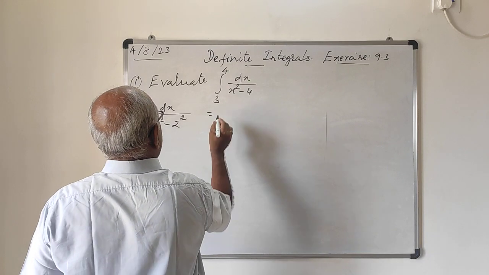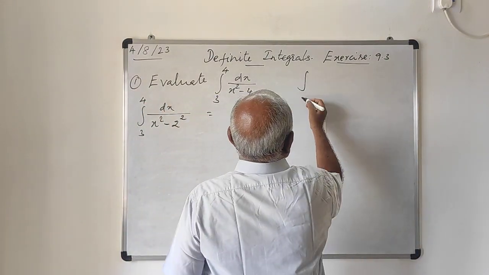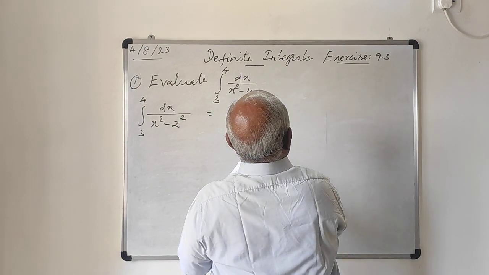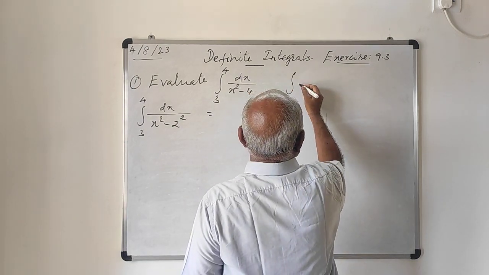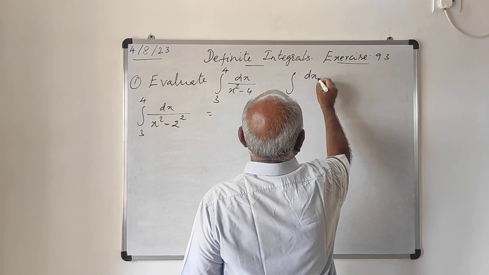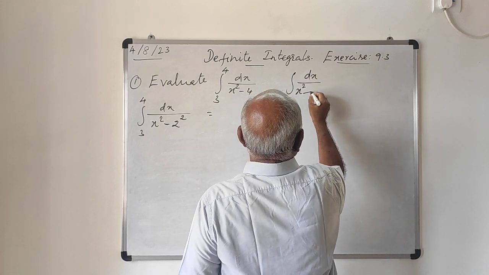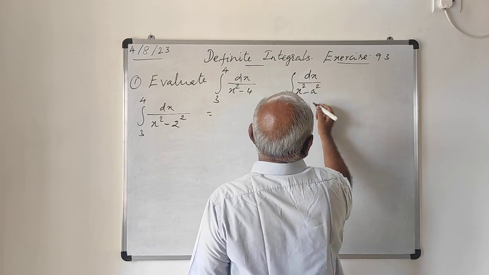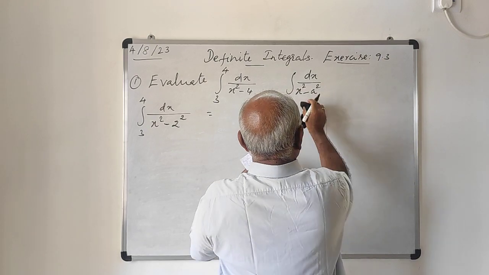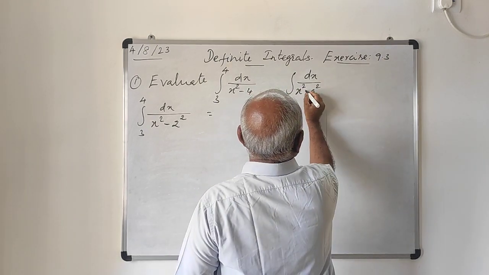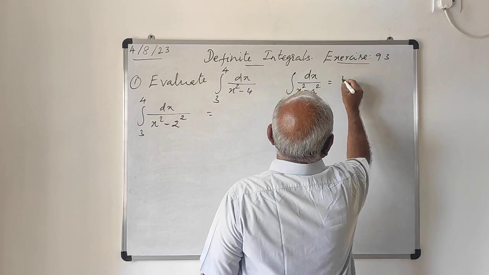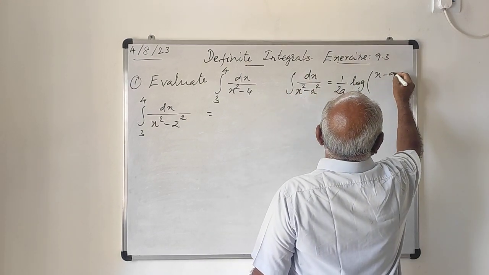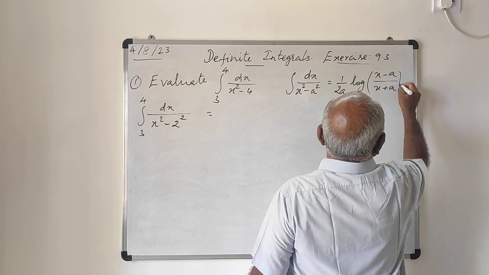We have given one result in our previous video: the integral of dx by x square minus a square equals 1 by 2a into log of (x minus a) by (x plus a) plus c.